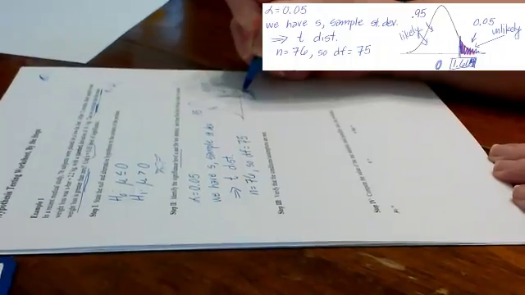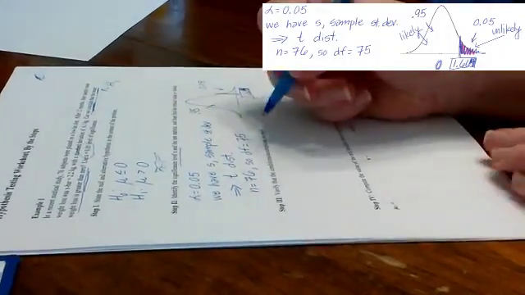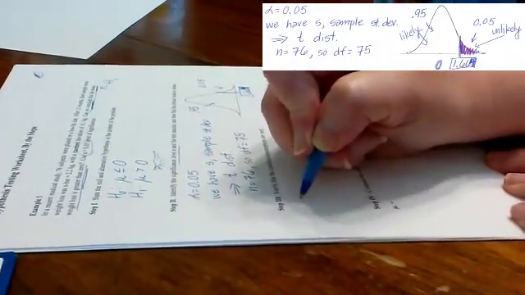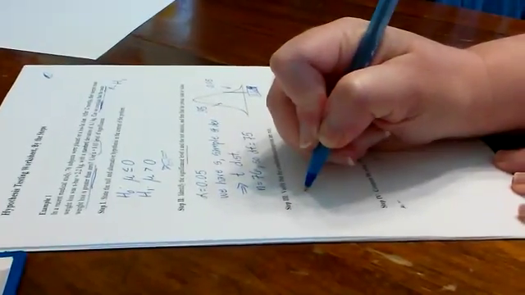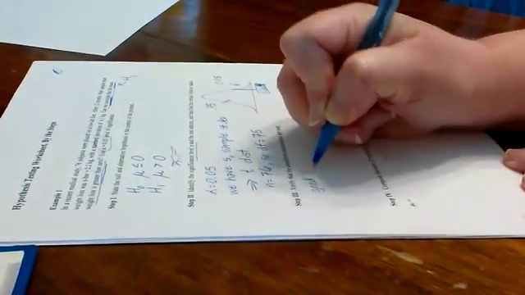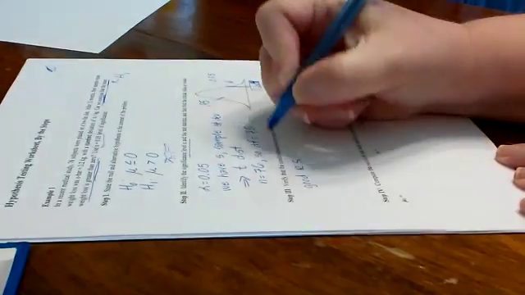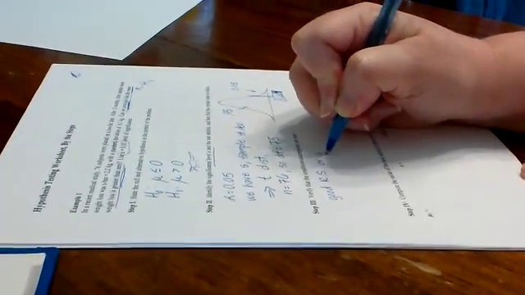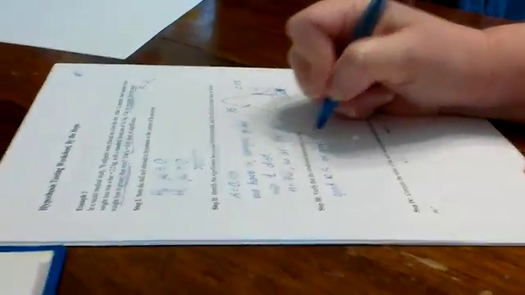So step 3, we're going to verify that the assumptions are met. For a mean, we have 2 assumptions. We need a good random sample or a good randomized experiment.